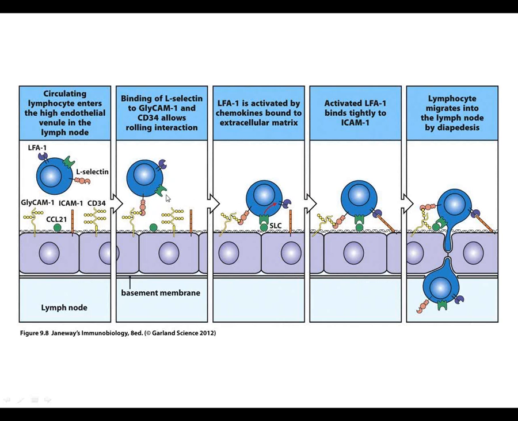So it's just going to slow down, and then you're going to be able to have a signal sent from the cytokine in the area, right, in this case in the lymph node. CCR7, you want it to come out, CCL21. And then the integrin, an integrin ligand, is going to be upregulated. You're going to have a tight adhesion, and it's going to stop because of that tight adhesion. Once that happens, the lymphocyte can actually migrate out.